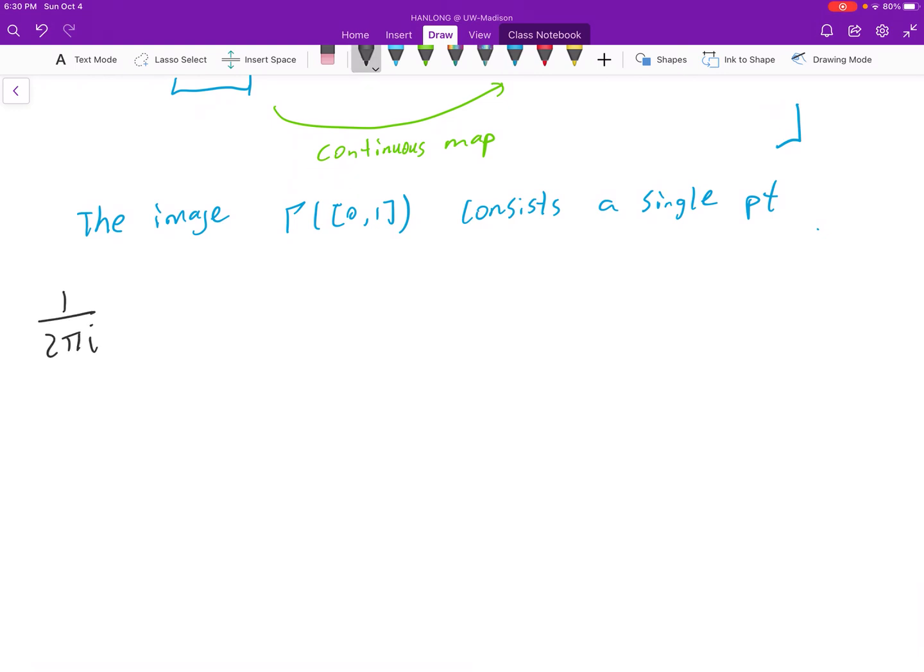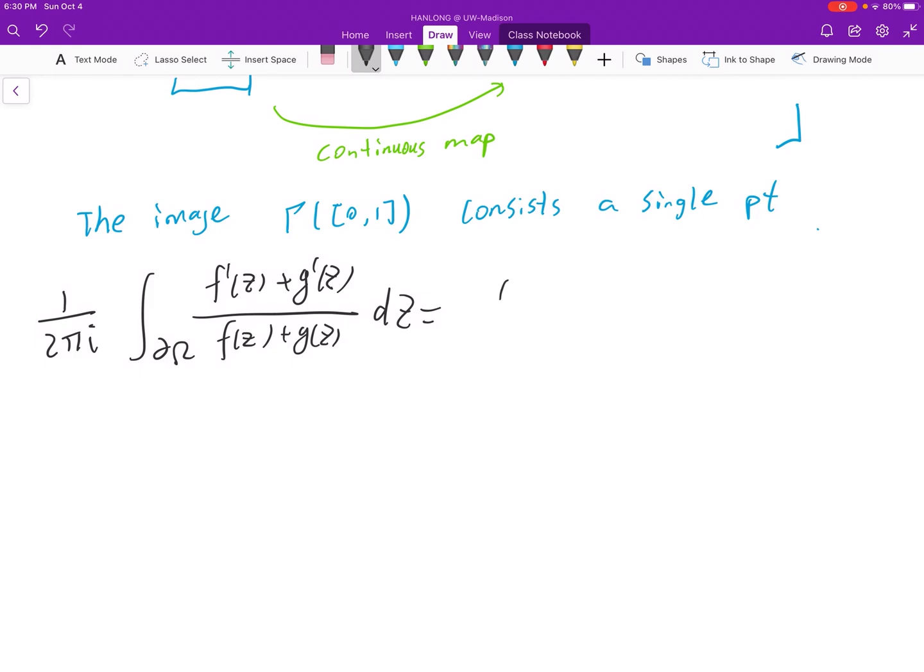So 1 over 2 pi i times the integral over the boundary of omega of (f' plus g')/(f plus g) dz equals 1 over 2 pi i times the integral of f'/f dz along the boundary. So we are done.